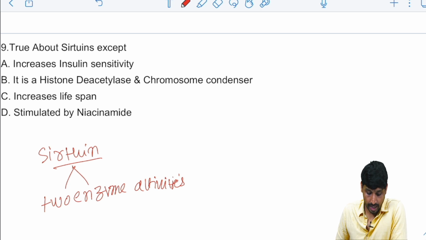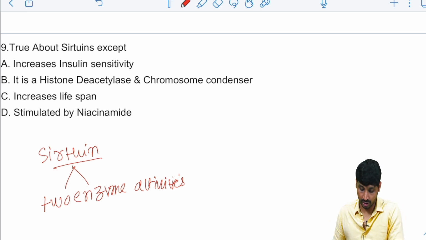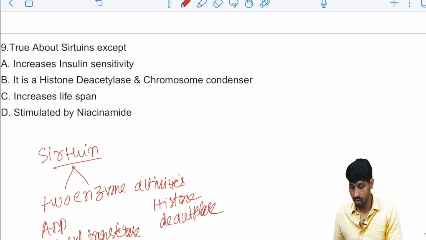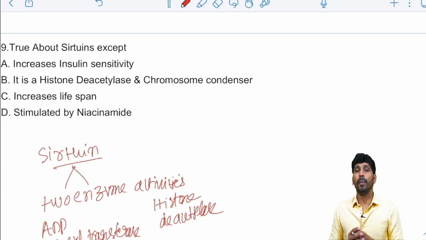One is ADP ribosyl transferase function, and the other one is histone deacetylase function. So this histone deacetylase, what will it do? By doing deacetylation, it condenses the chromatin.